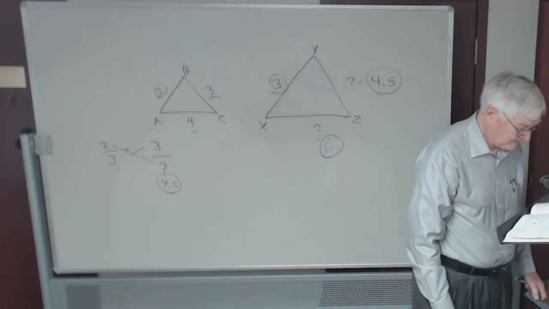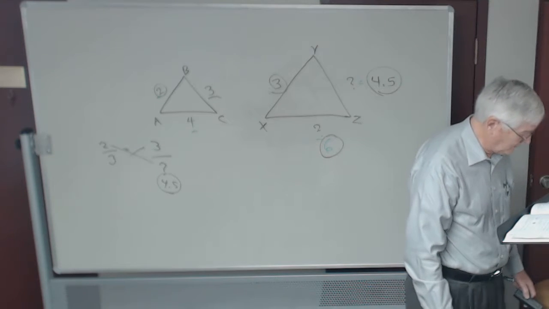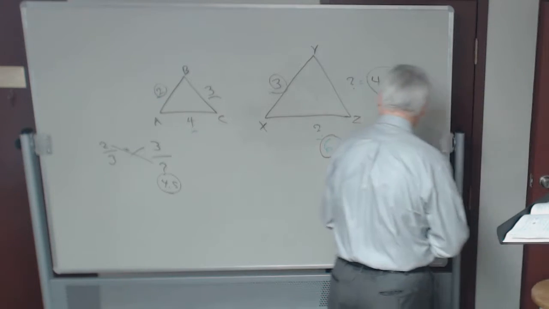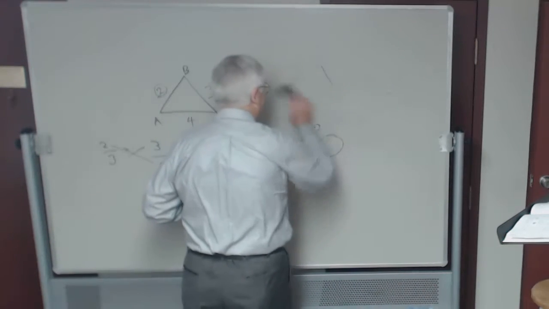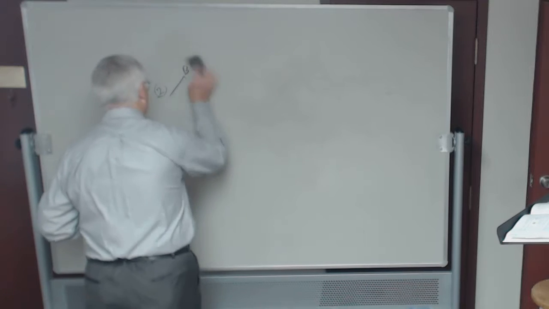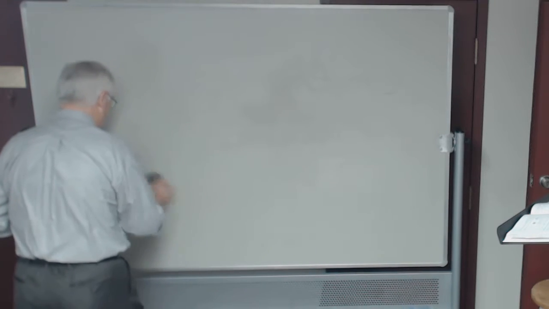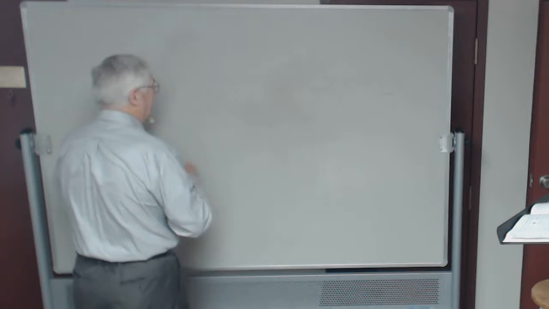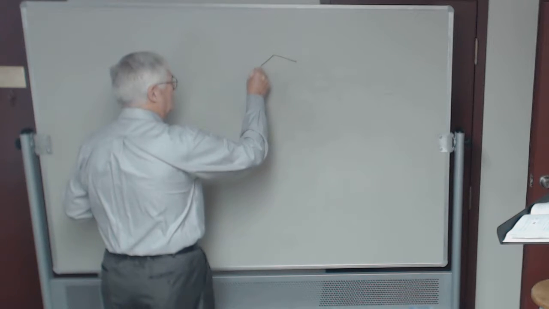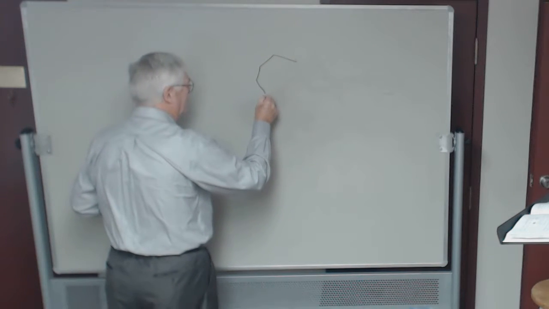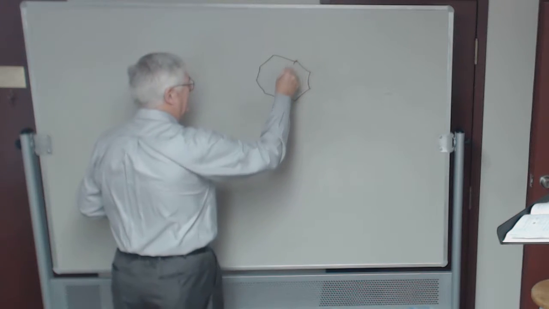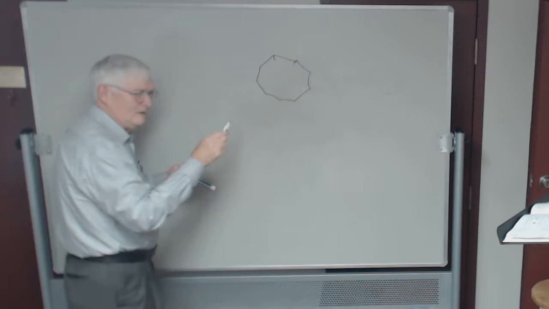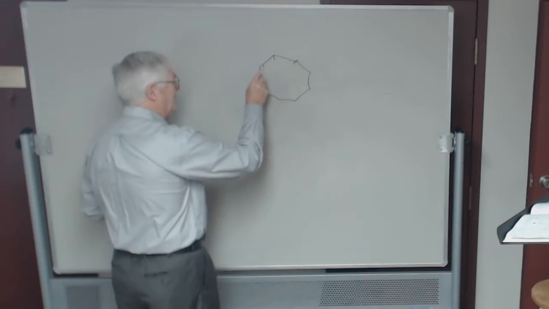Number 9. What's the measure of one of the interior angles of a regular polygon with 9 sides? So, can I draw a polygon with 9 sides? Probably not. A regular polygon with 9 sides means that all 9 of them, 1, 2, 3, 4, 5, 6, 7, 8, 9, are equal and all the angles are equal.